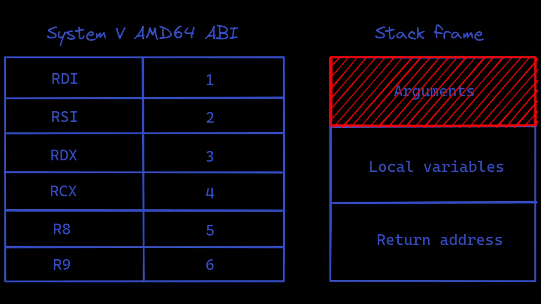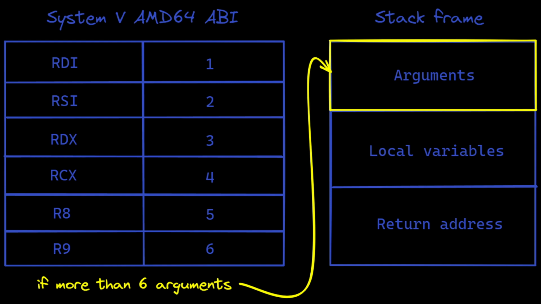According to the calling conventions, in a 64-bit computer, the first argument goes into RDI, the second one goes into RSI, the third one is moved into RDX, the fourth one into RCX, the fifth one into R8D, and the sixth one into R9D. And if the function takes more than 6 parameters or arguments, the arguments are pushed into the stack frame of the current function.